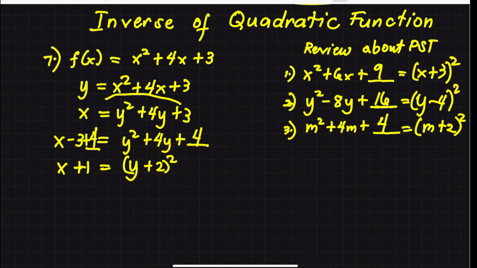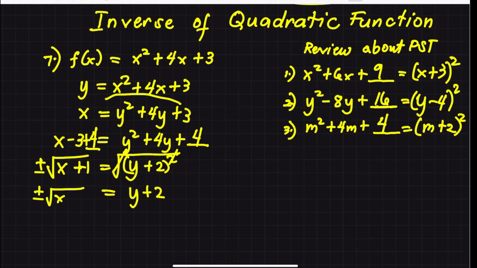And then, para matanggal yung square, mag-s-square root tayo both sides. So, tanggal tong square. Square root of (y plus 2) squared, magiging y plus 2 na lang. Tapos, sa kaliwa, ito pala ay plus minus, dahil galing tayo sa squared. So, ito ay magiging plus minus square root of x plus 1.